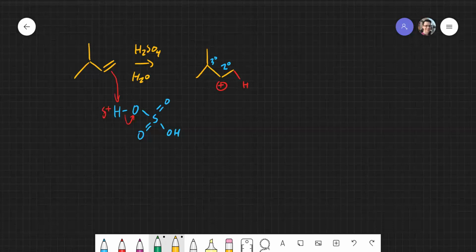Rearrangement is possible. So in this case, we can have a hydride shift. So the neighboring hydrogen on that tertiary carbon is going to actually shift over, forming a new tertiary carbocation.